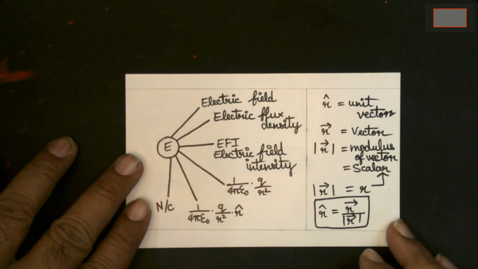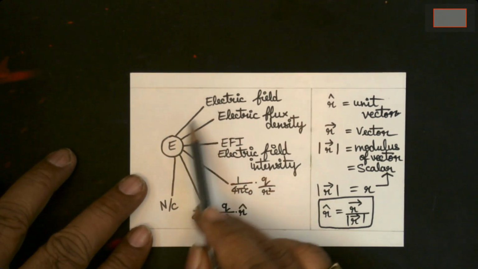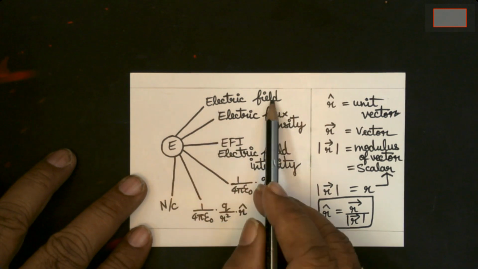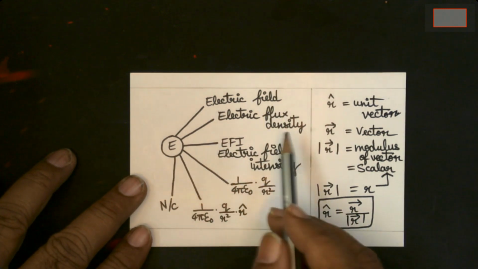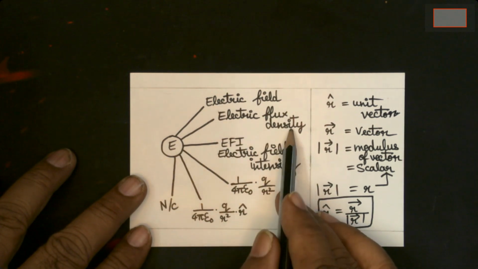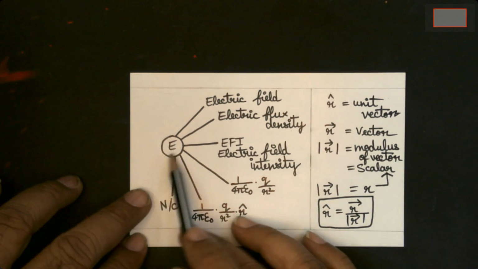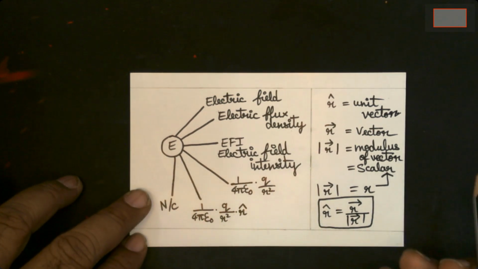In fact, this electric field has various nomenclatures, so you should remember all these things. E represents the electric field, and as a vector also, E vector. It is also called electric flux density. Take down electric flux density, and this is also known as the electric field intensity.